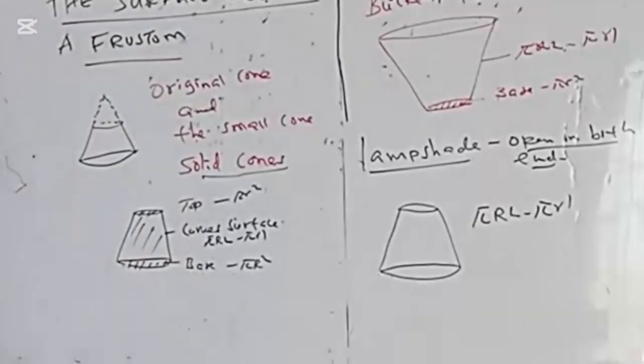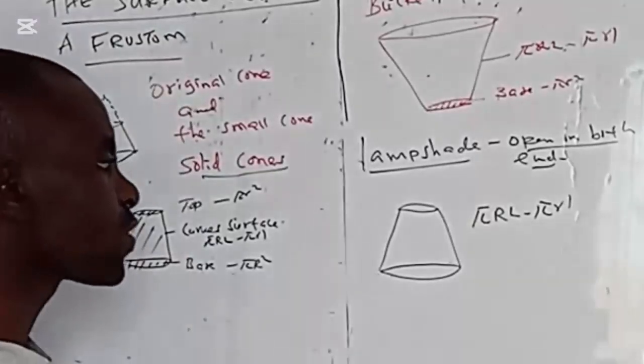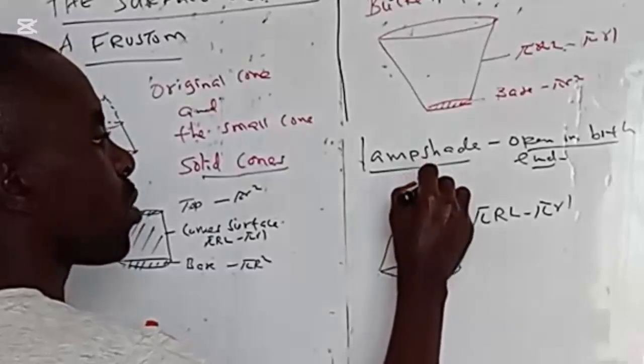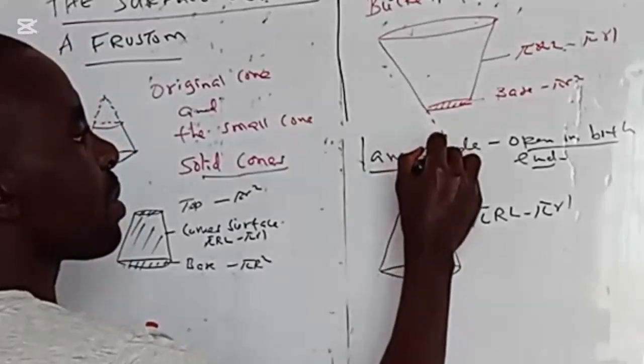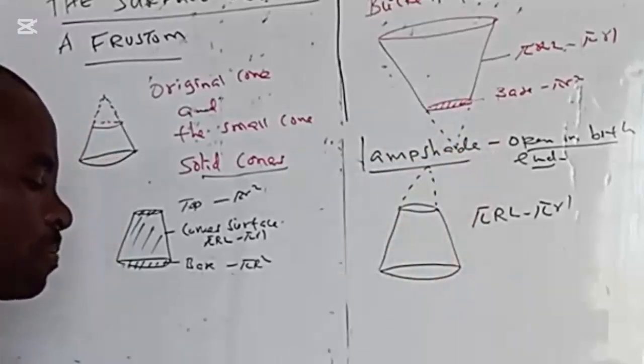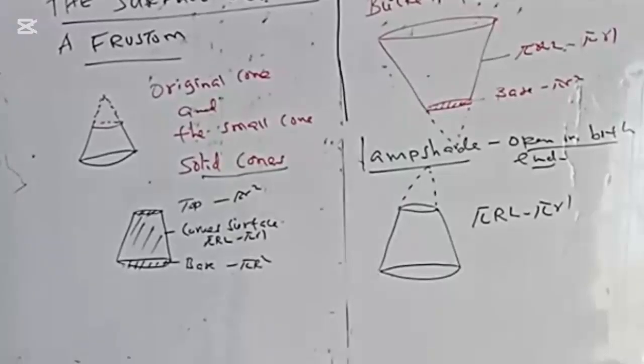But our working is still the same, because for all of these, we have to complete to form the original cone. Even for a bucket, we complete it with a broken line to form the original cone.